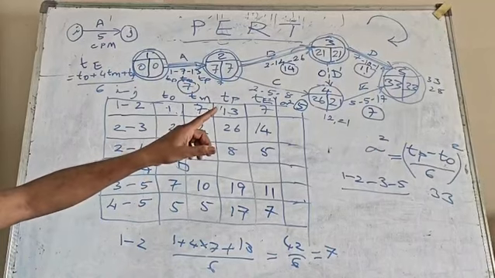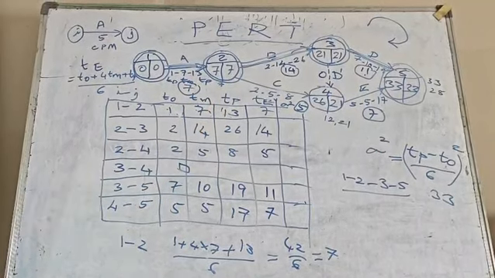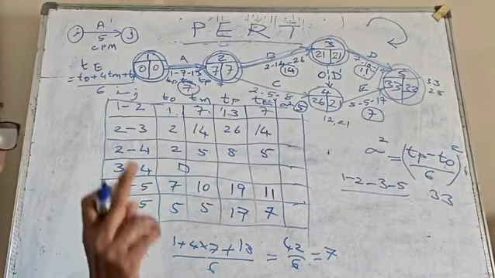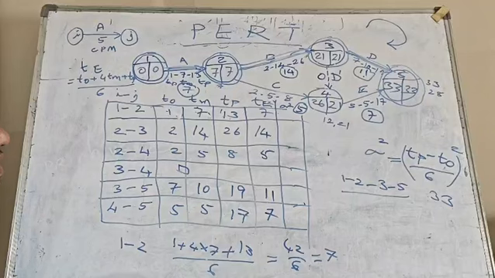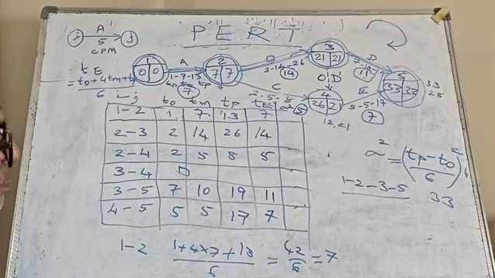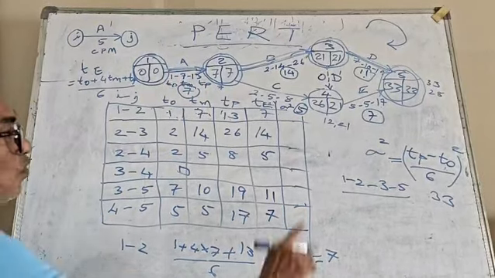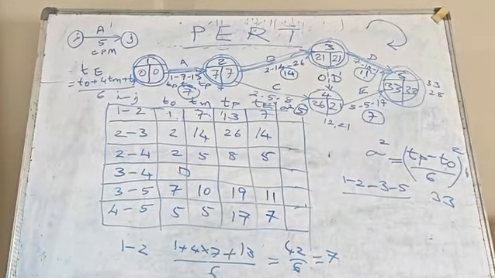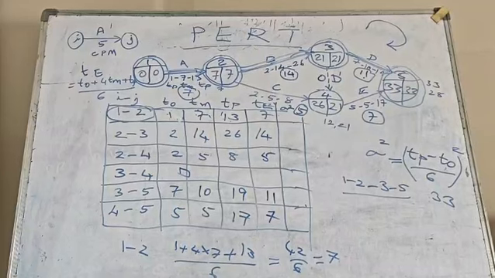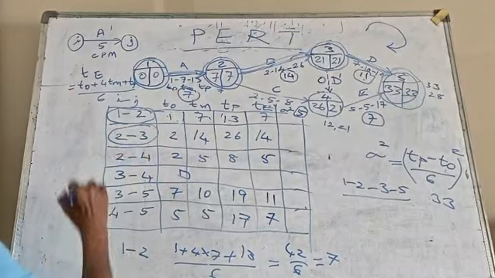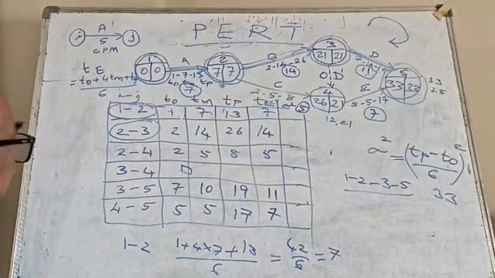So from the network, once you mark the critical path, remember that sometimes a dummy also can be under the critical path. It happens sometimes. Of course, it depends on the numerical problem, how it is given. So 1, 2, 3, 5 is the critical path. So round it off here: 1, 2, 2, 3 and 3, 5.